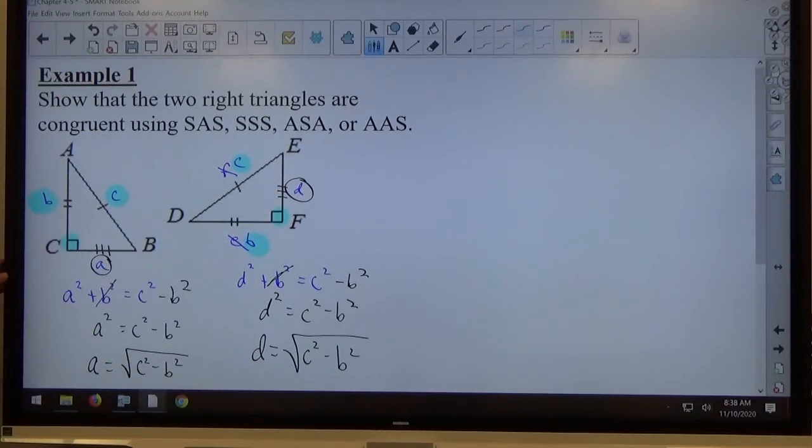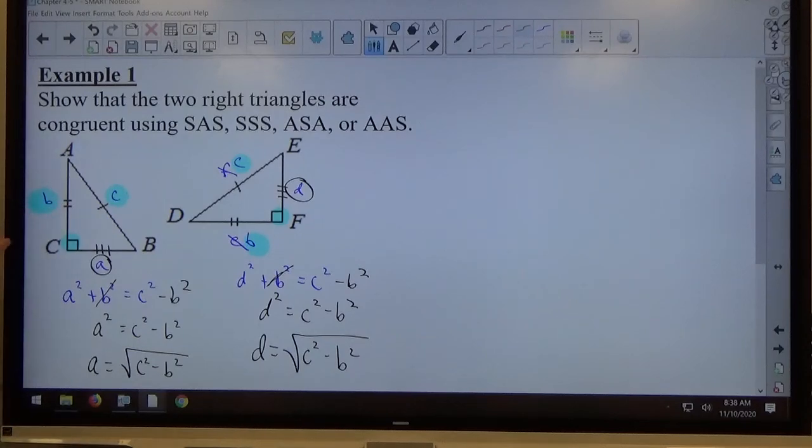And once I know that A and D must be congruent to each other because they're equal in measure, I know that now we got a side-side-side congruence. I could also say side-angle-side. Take your pick. There's side-angle-side if I'm using the right angle, or side-side-side if not.